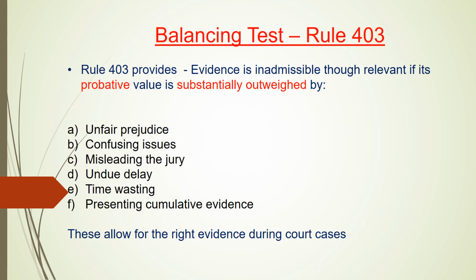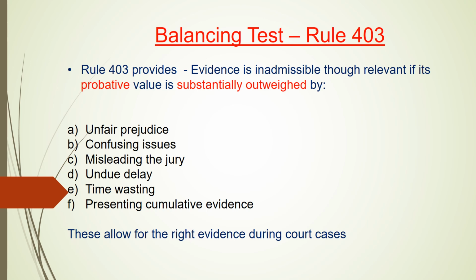Now, the balancing test states that any piece of evidence is inadmissible, though it is relevant, if its probative value is substantially outweighed by unfair prejudice, confusing issues, misleading the jury, undue delay, time wasting, or cumulative evidence.